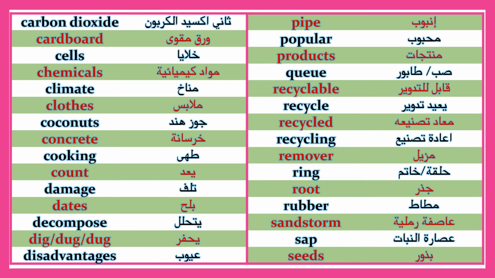Disadvantages. Pipe. Popular. Products. Recyclable. Recycle. Recycled. Recycling. Remover. Ring. Root.